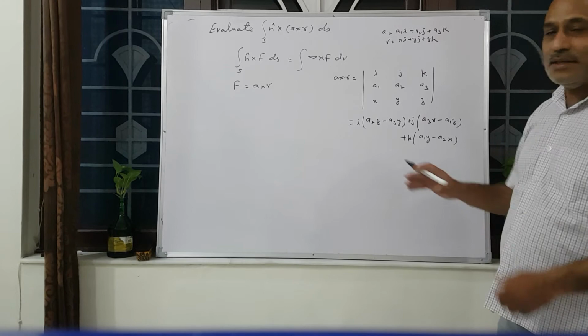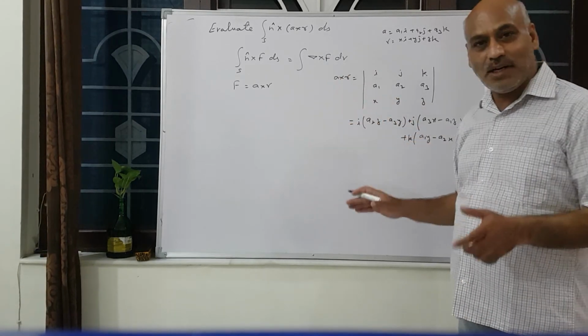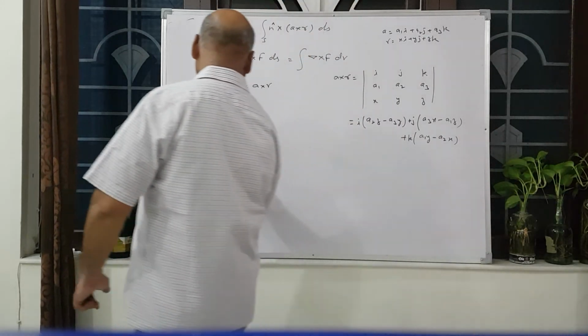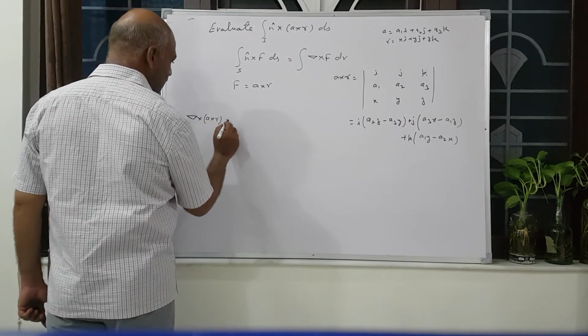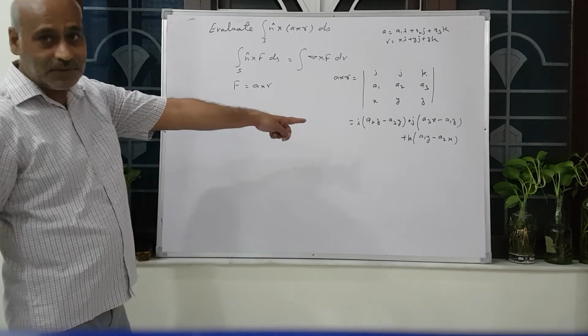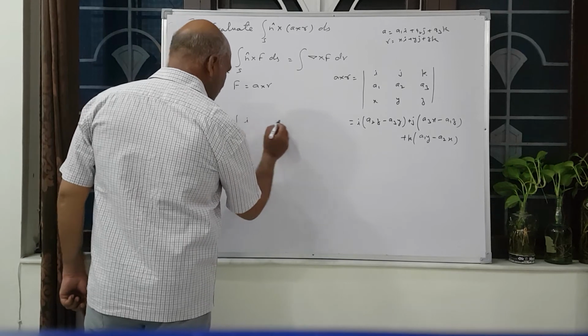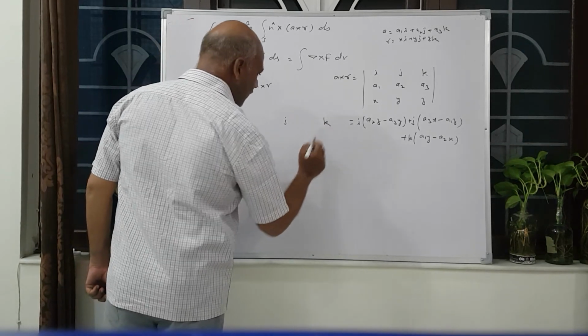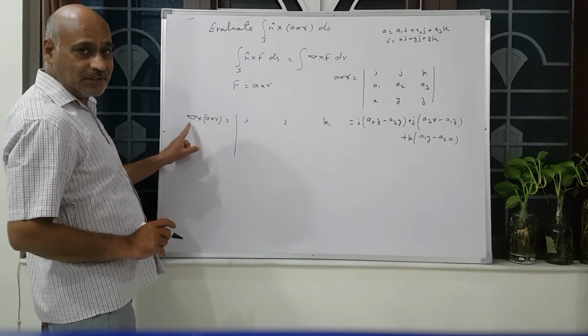We have to find del cross F, which means del cross A cross R. F is A cross R, and A cross R is this one. Del cross means i, j, k. Now first del.